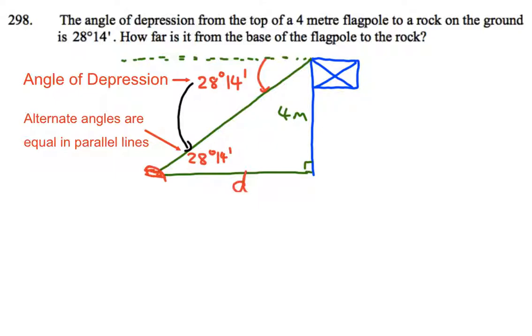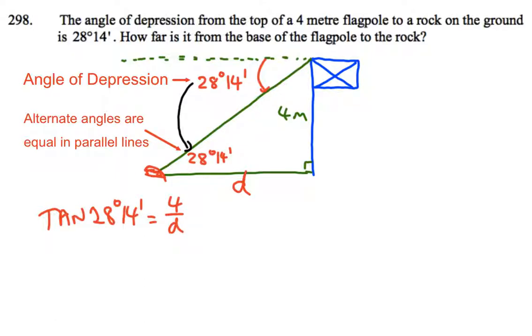And it's D they want, that's a rock, that ugly red thing. So we're trying to find the distance between that rock and the flagpole, which is just one of the sides of the triangle now. So we'll have a look and see whether we've got a sine, cos or tan. From this angle down here, we've got an opposite and an adjacent, so it's a tan statement we'll be looking to piece together.